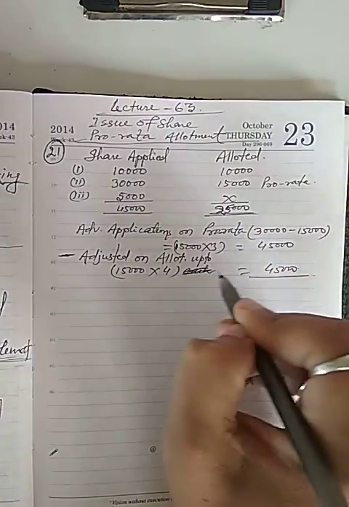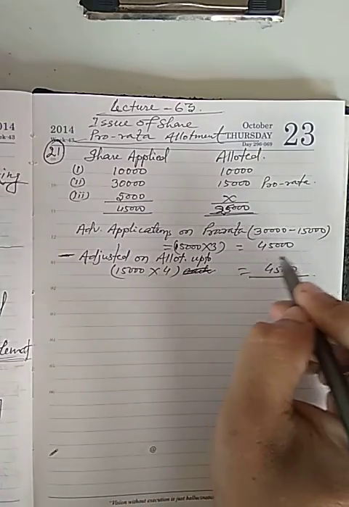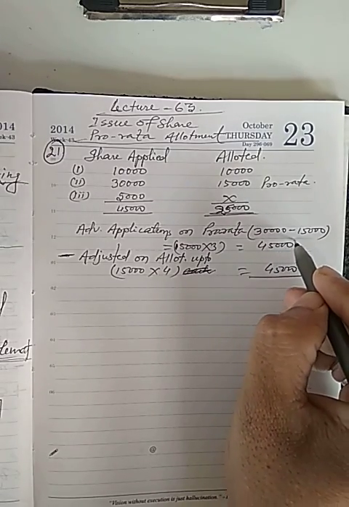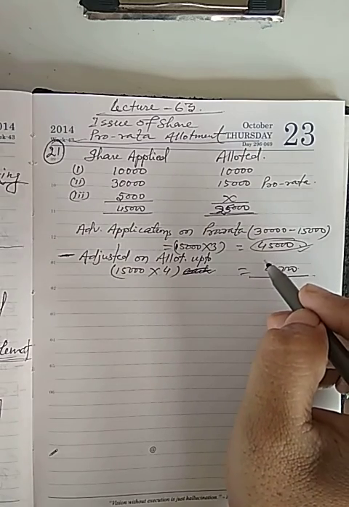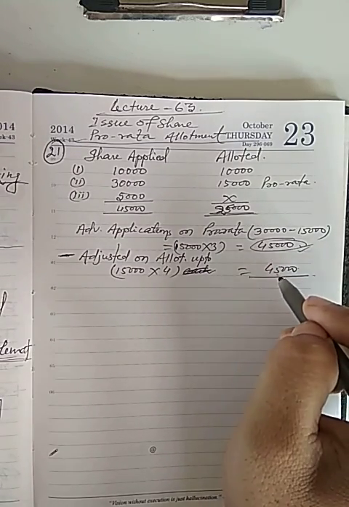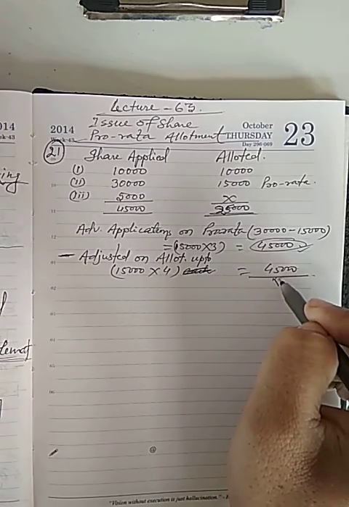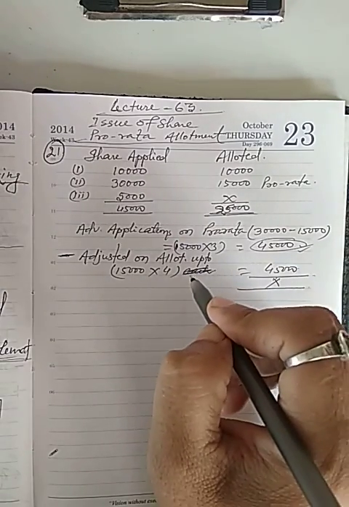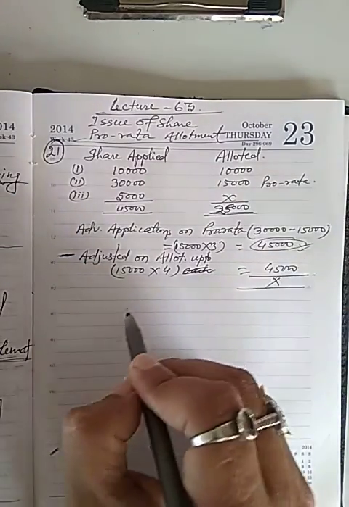So it will be more than 45,000, and I have to adjust only 45,000 of the extra payment received on application. So it will be adjusted easily on allotment only. So let us see now the journal entry.